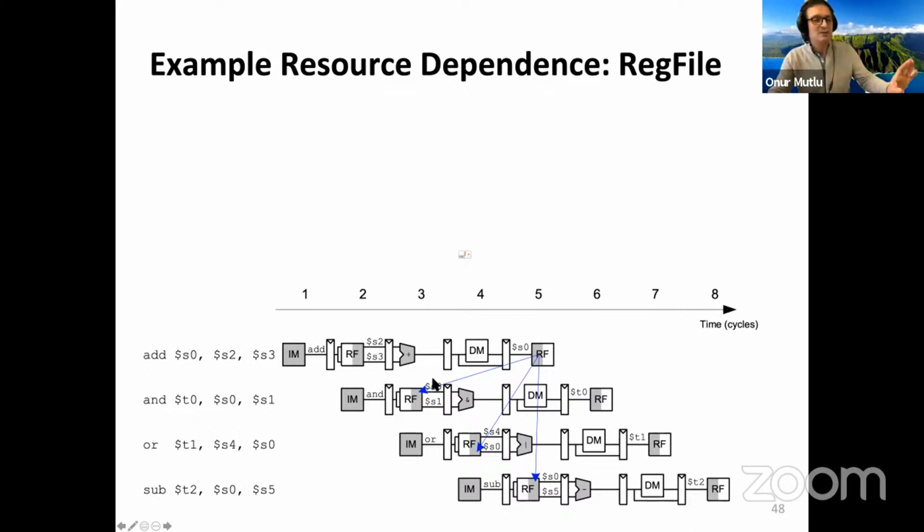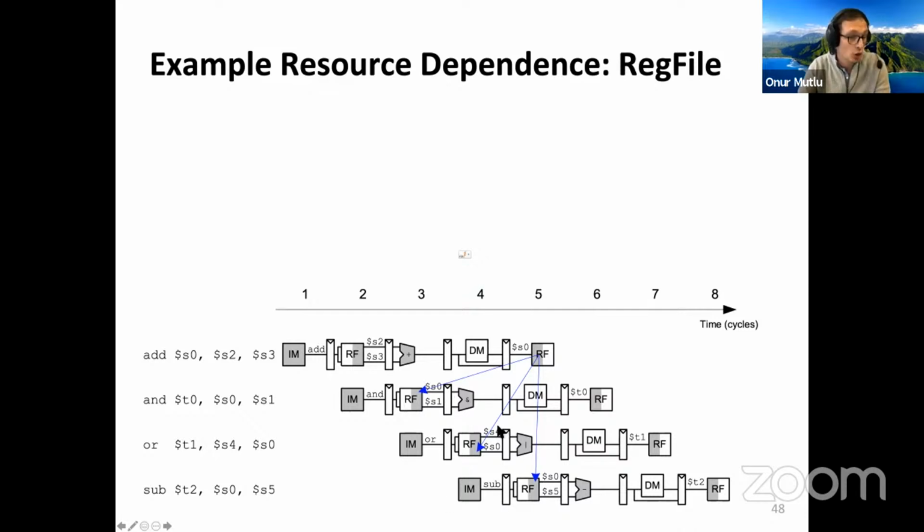Assuming that you handle that problem and make sure that this AND instruction is reading the register file in cycle 5, and we're going to see how to do that. As you can see, the OR instruction is also reading register S0, and the sub instruction is also reading register S0. So until register S0 is written into the register file, these instructions cannot proceed. And that's the problem with dependencies, as you can see.